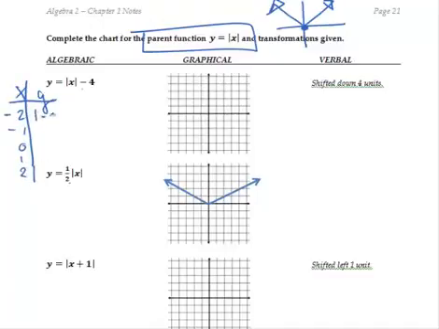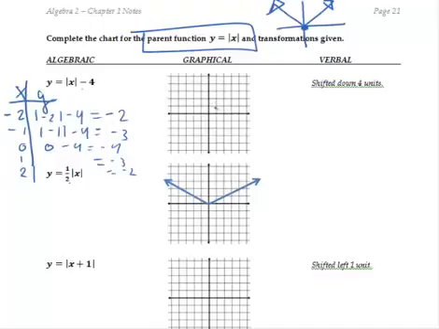So absolute value of -2 minus 4 changes to a positive, so -2. And this one will just be 0, minus 4, -4. And 1 minus 4 will be -3. 2 minus 4 will be another -2.